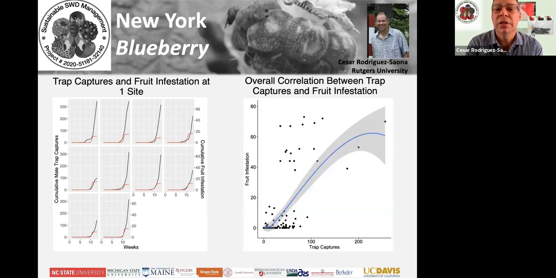The graph on the right shows the overall correlation between trap captures and fruit infestation. In general, trap captures positively correlated with fruit infestation. And from this data, it was found that each spotted wing Drosophila male captured on the trap translates to 1 egg per 120 berries nearby.